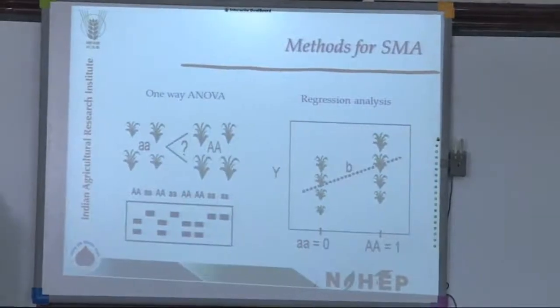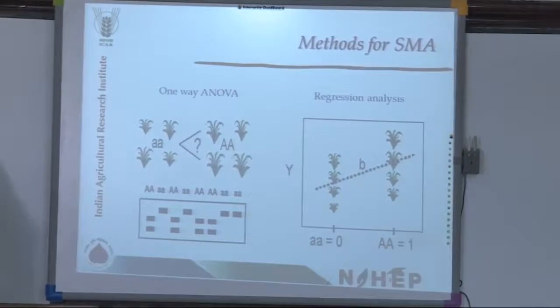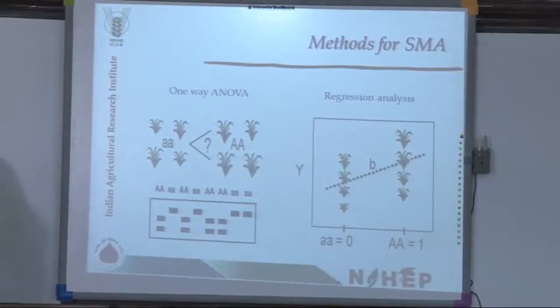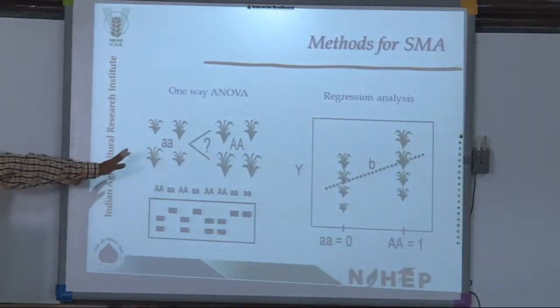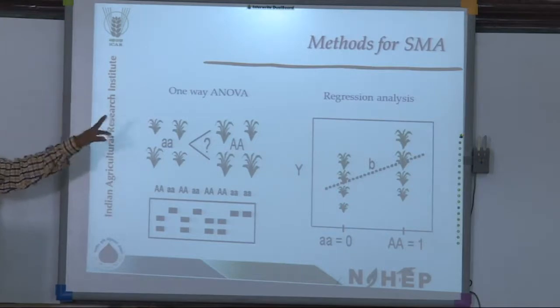They are two sides of the same coin, you are looking at the data in two different ways. The results are going to be exactly similar, and this is single marker analysis, that means one marker at a time is analyzed.